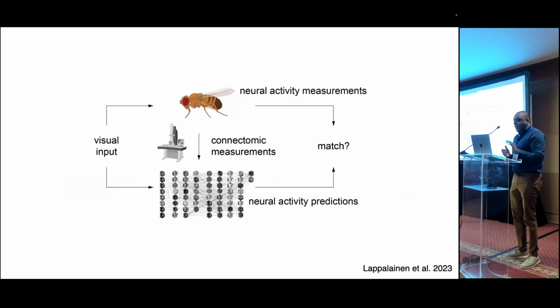So this is the workflow. We modeled the motion pathways of the fruit fly visual system. Over the last 10 years, my colleagues at Janelia have published a series of papers mapping out the connectivity in the visual system. These connectomic measurements were used to constrain a model.